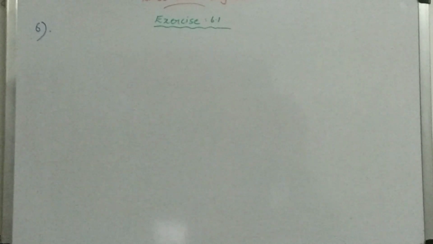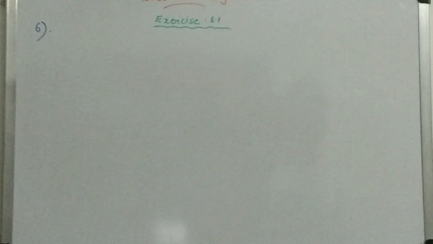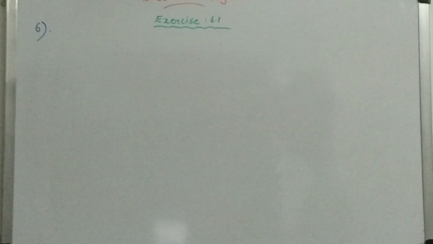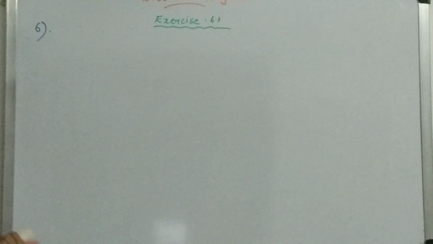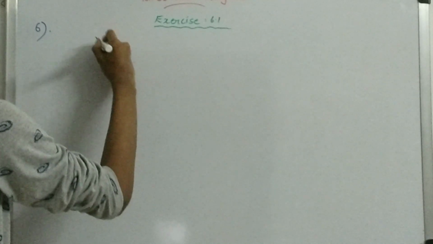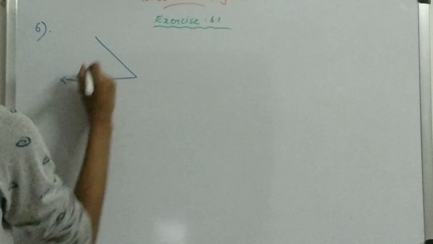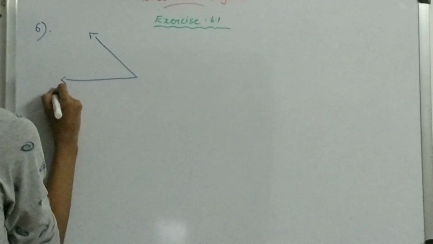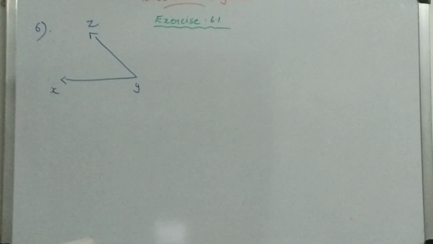Now in our question number 6, they have not given you the figure. So we should first read the question and then make the correct figure. The question is, it is given that angle XYZ. That means there is an angle that we can draw like this, this is the angle XYZ.